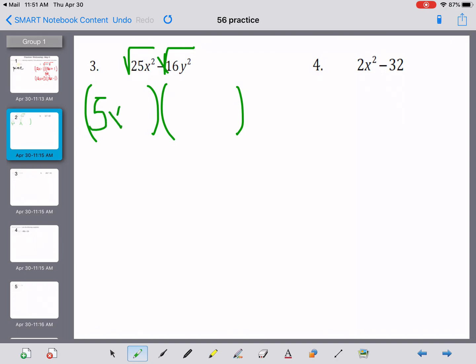The square root of x squared is x. Square root of 16 is 4. The square root of y squared is y. So we have both terms in there, and then one parenthesis gets a minus sign, the other parenthesis gets a plus sign, and it doesn't matter which one gets which. You could have the plus in the first parenthesis and the minus in the second.